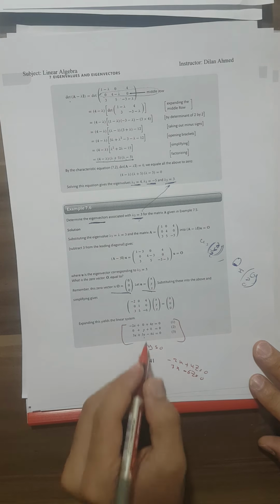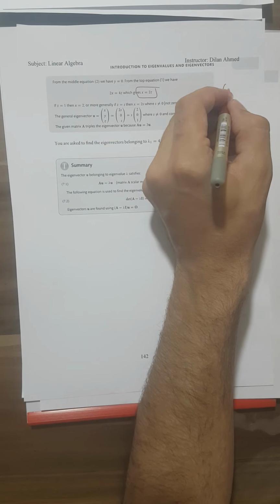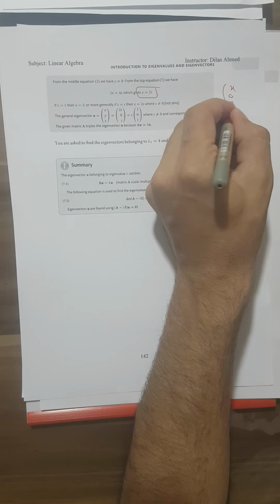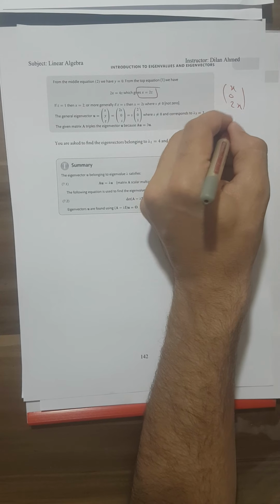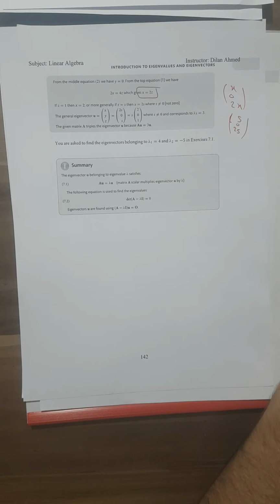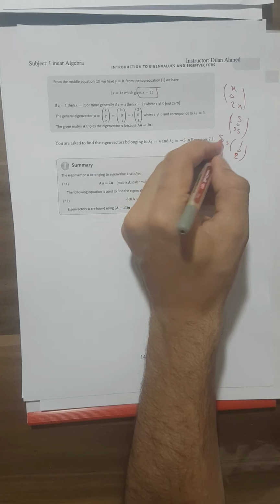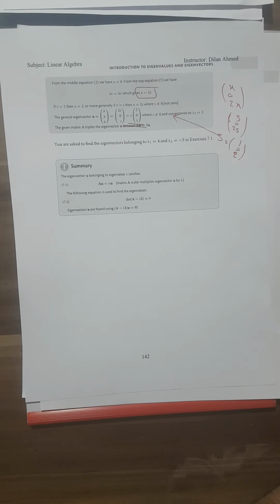And you know how to solve the equations. The result will be x is equal to 2z. So it means that we have (2s, 0, s). That's all. And you know how to take s as a common factor, so I'll get (2, 0, 1). That's all that we need.